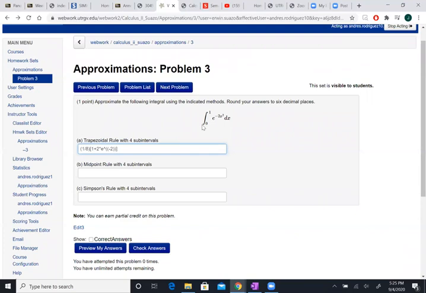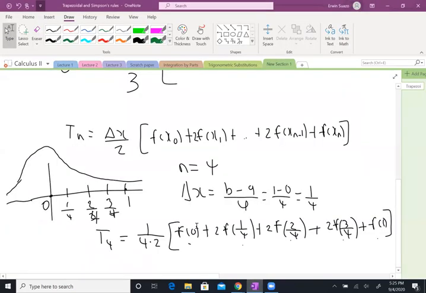So let's put this x in the little parenthesis. The first one, I need to plug in 1/4, so this is 2 f of 1/4, as I put it over here. Now I need to put 2 f of 2/4.